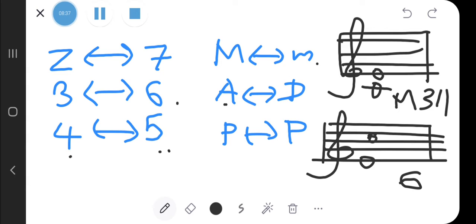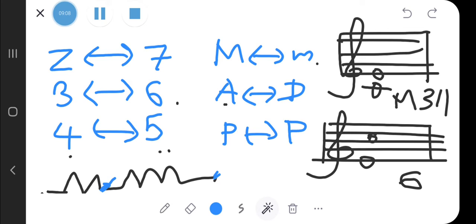We'll see E to C. We'll count: 1, 2, 3, 4, 5, 6, 7, 8 semitones, which is a minor sixth.